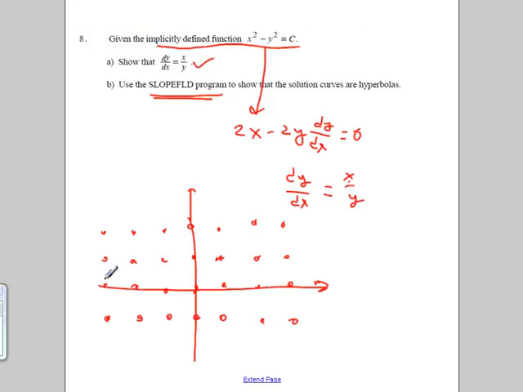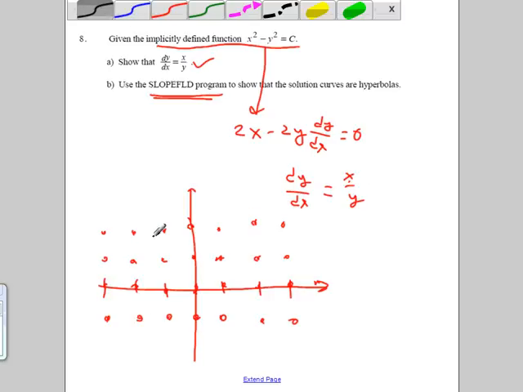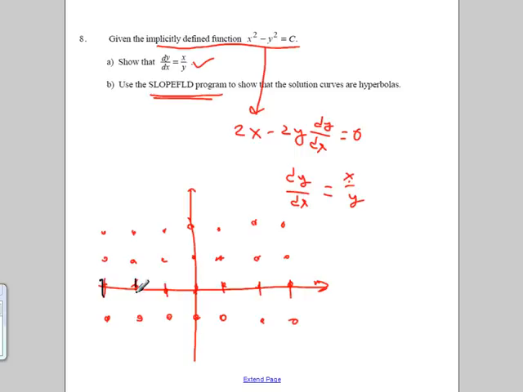So when y is 0, we're going to have a vertical line. And when x equals 0, we're going to have a horizontal line. Let me just draw these in a little bit. Okay, and when x is 1 and y is 1, we're going to have a slope of 1. When x is 1 and y is 2, a slope of 1/2.